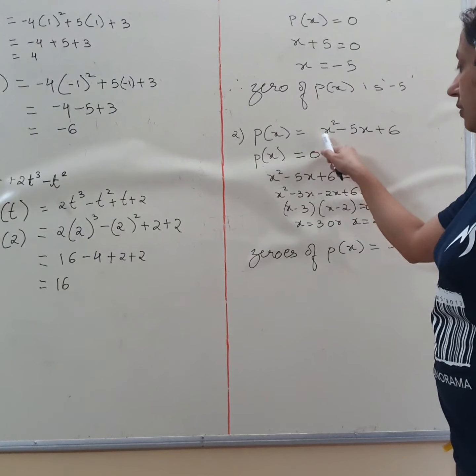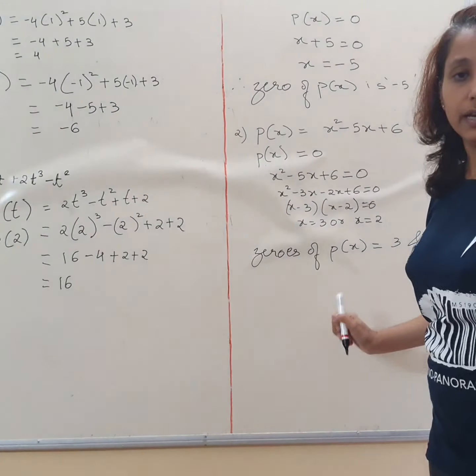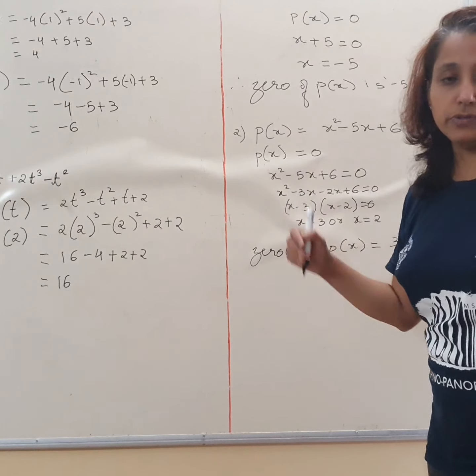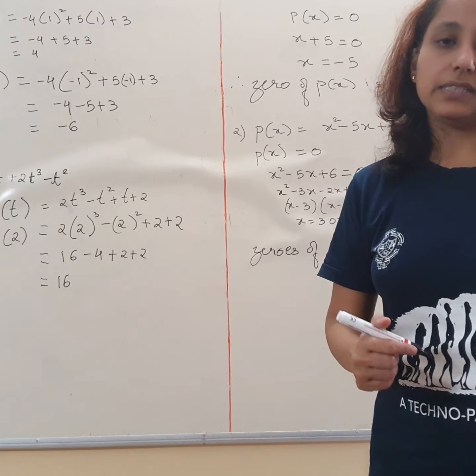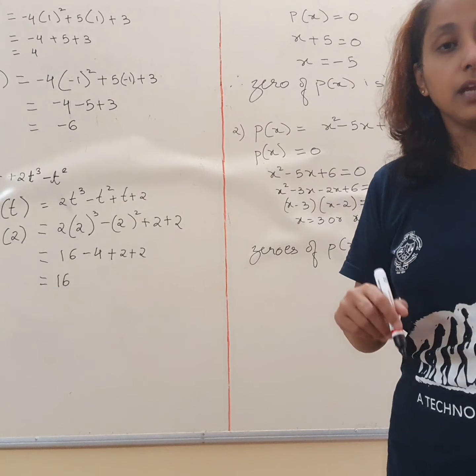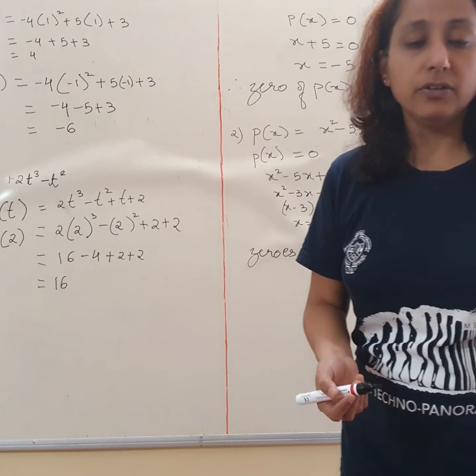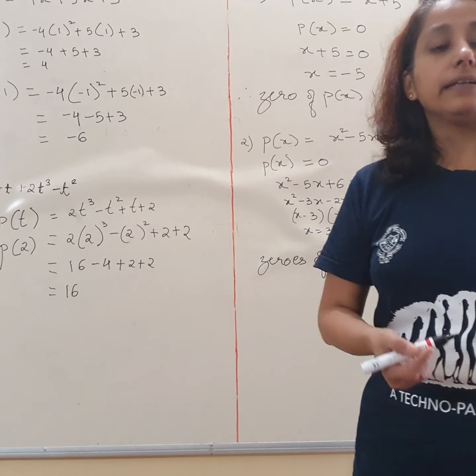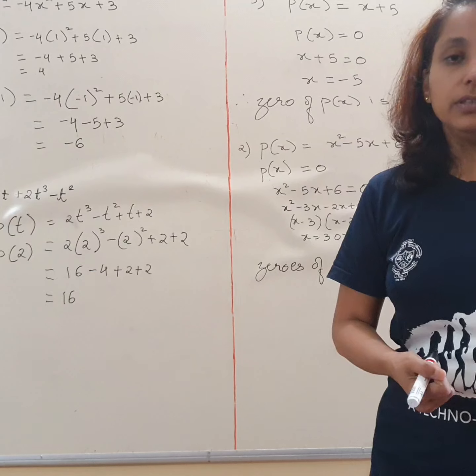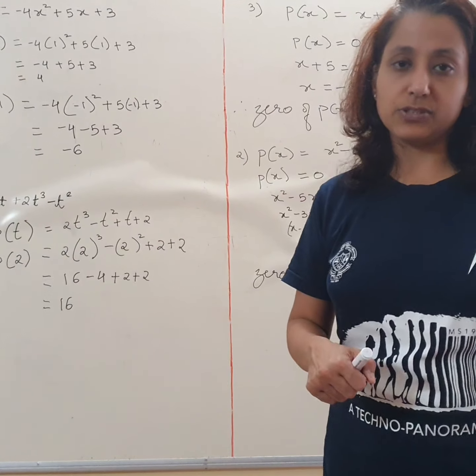The degree here was 2, so the zeros of the polynomial have come out to be 2, that is 3 and 2. So looking at these two examples, can you make a generalized statement that the 0 of a polynomial will always be 0? Or can you say it may or may not be 0? You will write it in the comment section and we will discuss the same in my next session. Thank you.